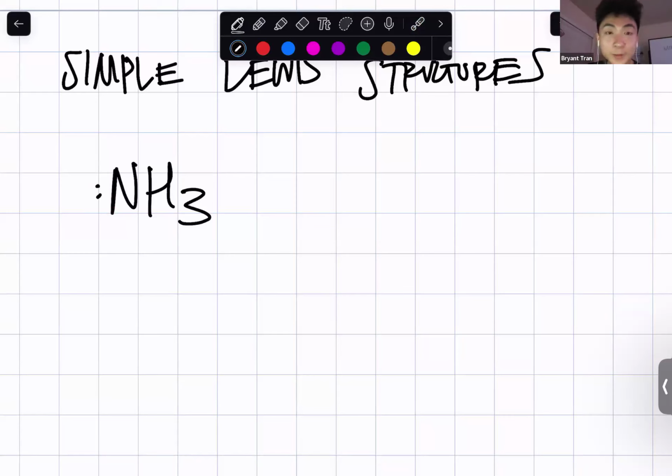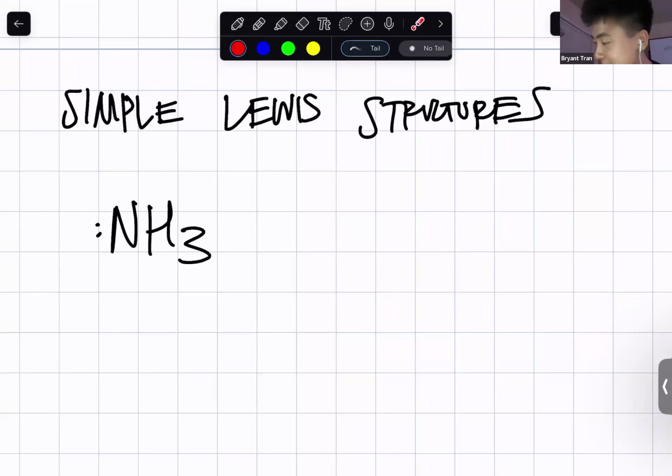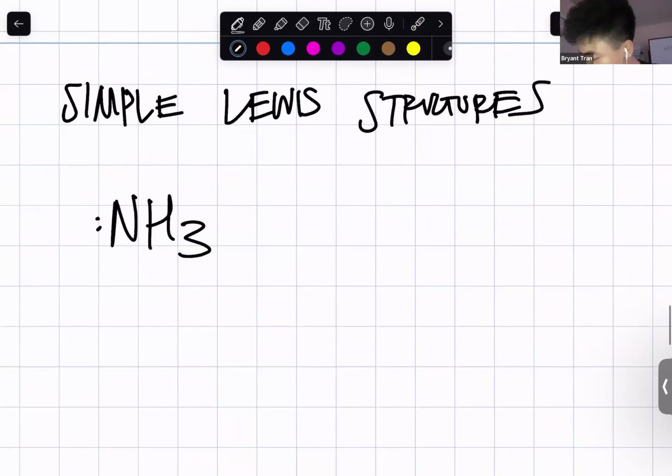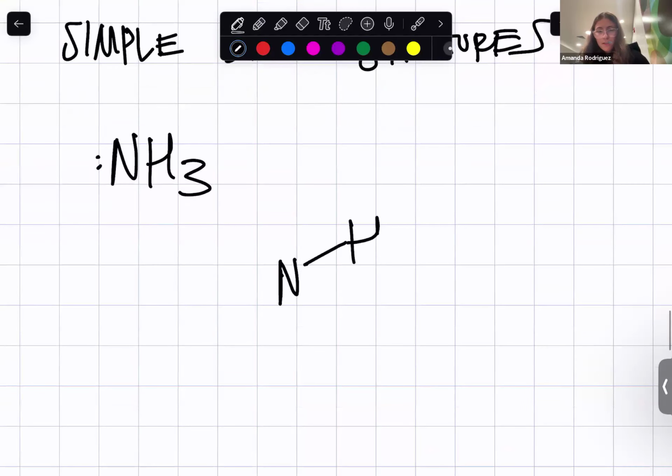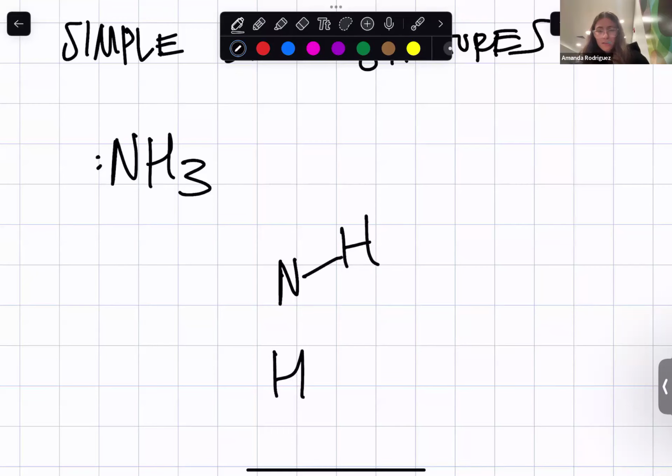Are you familiar with drawing out a Lewis structure based on the condensed form like this, Amanda? Yeah, you first draw the skeleton. So it'd be N with three H's around it with the lines. What does the line represent? The line represents a single bond.